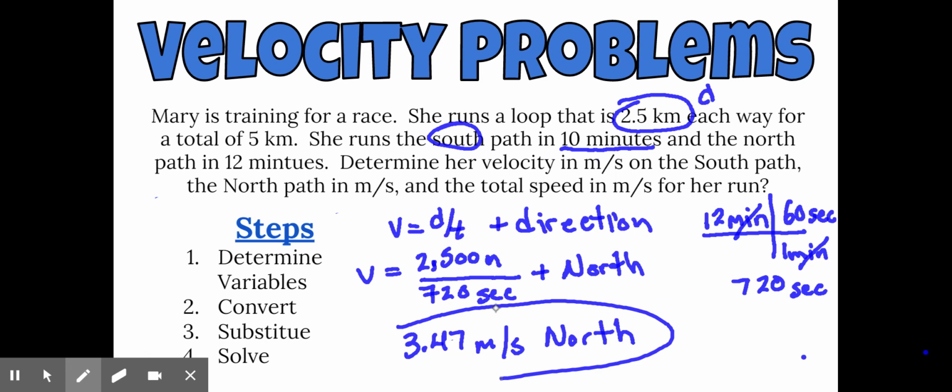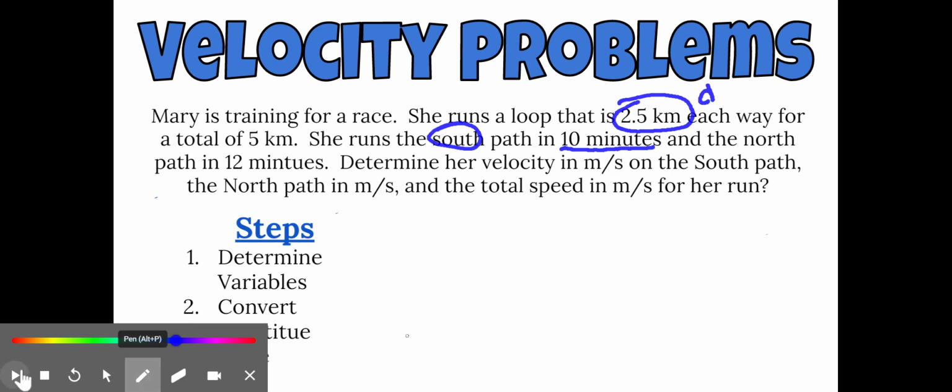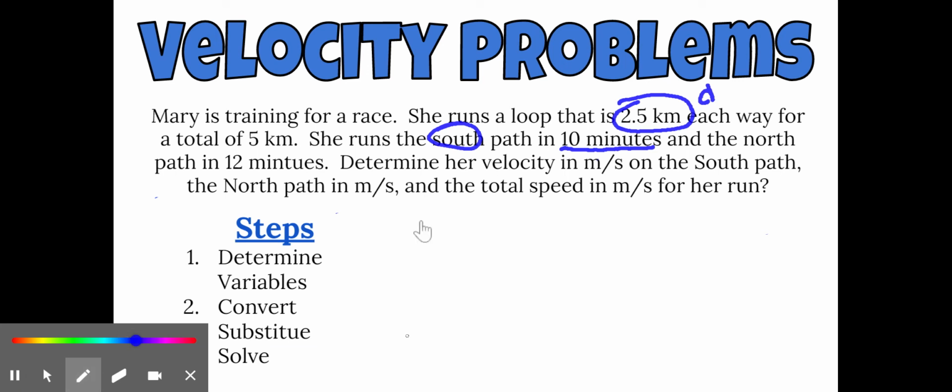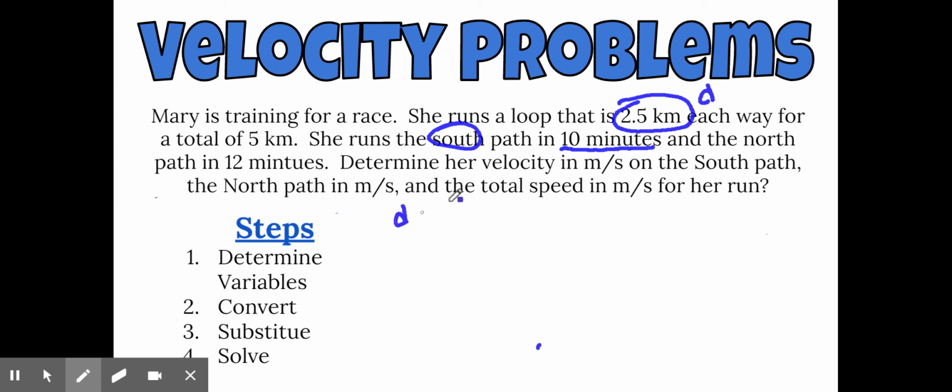All right, the next step is to find her speed, not her velocity, but her speed for the total path. So now with the total path, we know that the distance doubles because it's the whole path. So we have 5 kilometers, or we already know distance is equal to 5,000 meters.